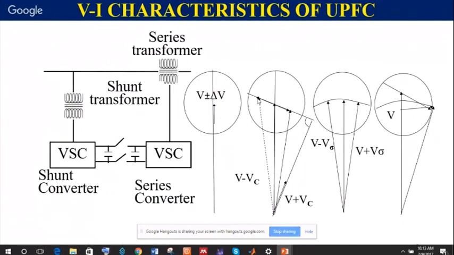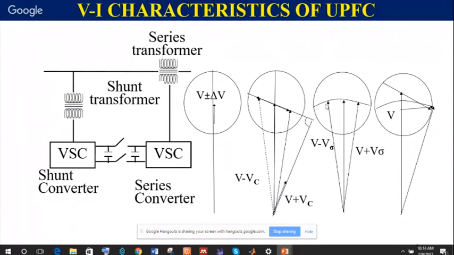So here, this is the transmission line voltage. Current is always perpendicular. So add the voltage either in phase with the line or anti-phase, so that you can regulate the voltage of the transmission line and hence the power.